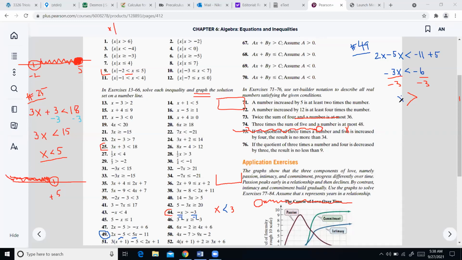So x will be on the left side and a +2 will be on the right side. So I just solved another inequality. And if you want to graph the solutions, then you again are not going to include number 2. So you put an open circle. And from 2, you go all the way to the right because x is going to be greater. So x should be on the right side from 2.